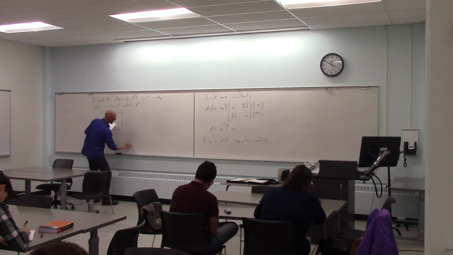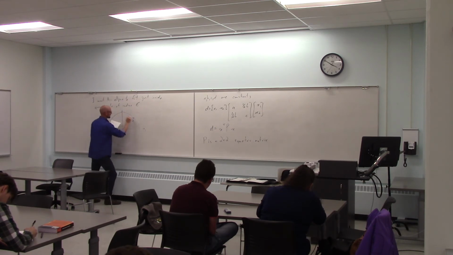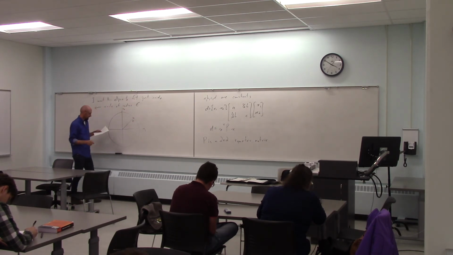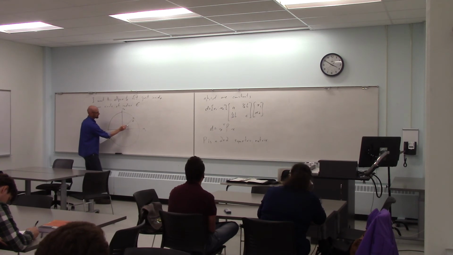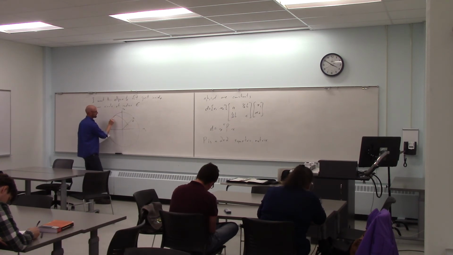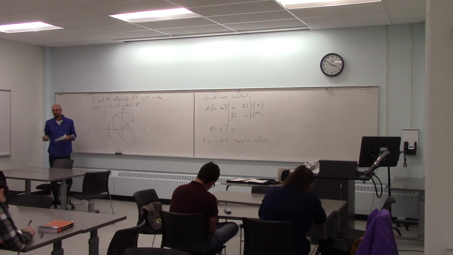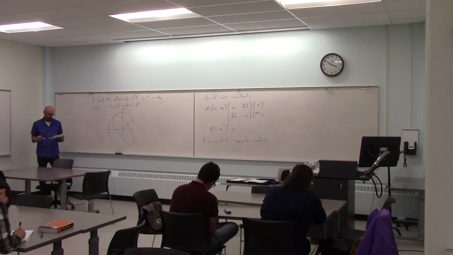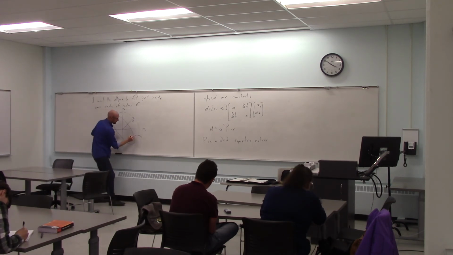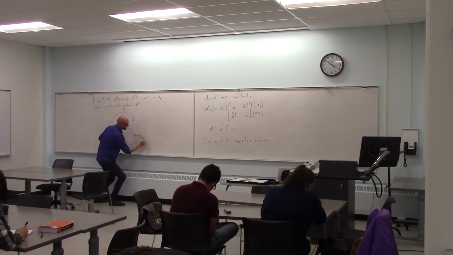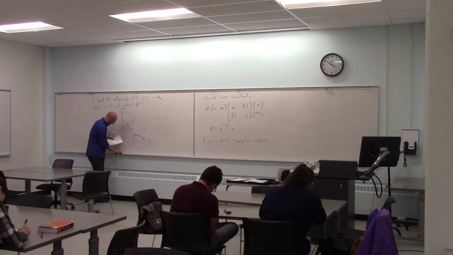You've challenged me with this ball of radius epsilon. I'm trying to come up with initial conditions so I stay within your ball of radius epsilon. So the first thing I'm going to do is draw an ellipse just inside your ball of radius epsilon. That's the first part of my calculation that will help me find a value for delta. So this is my D equals X transpose PX.